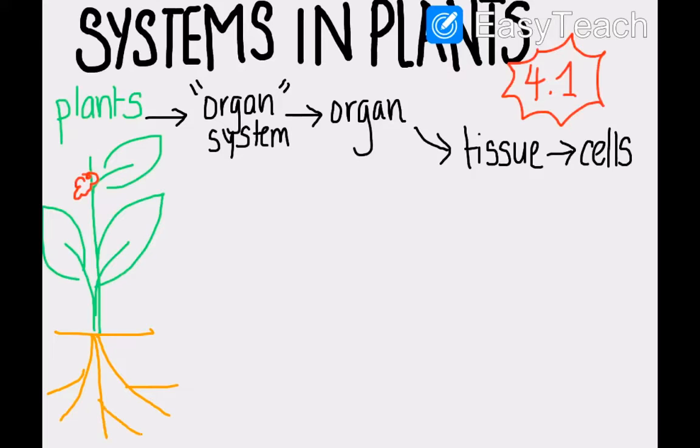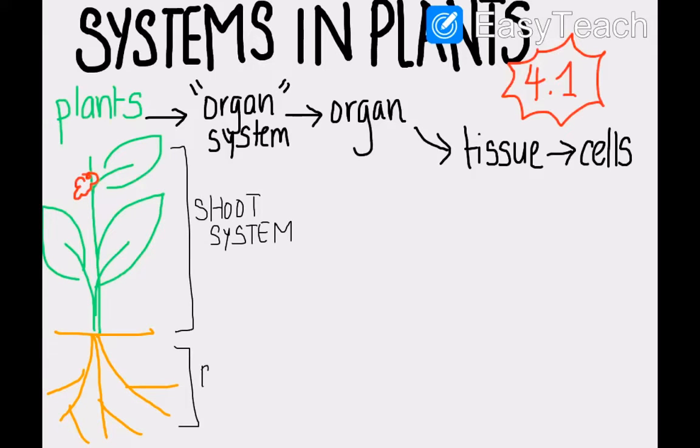If you're looking at organ systems, you can separate the plant into two main parts. You've got above the ground, which is what we call a shoot system. I will write that down. And then below the ground, we have our root system. So shoot system, root system.